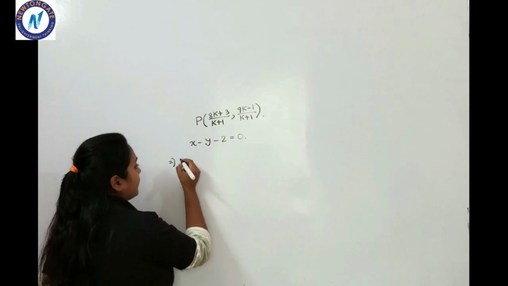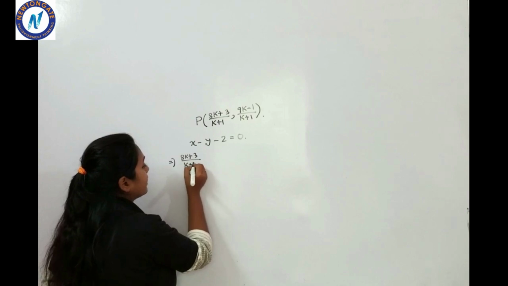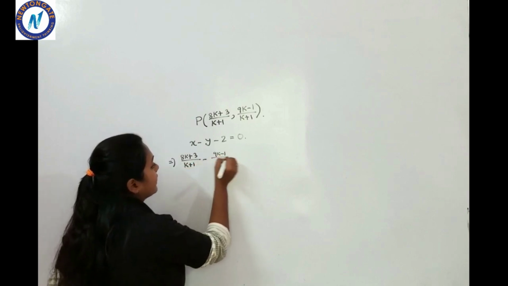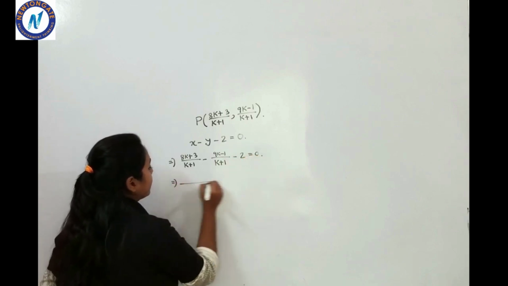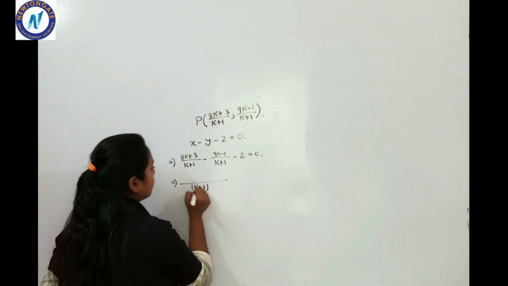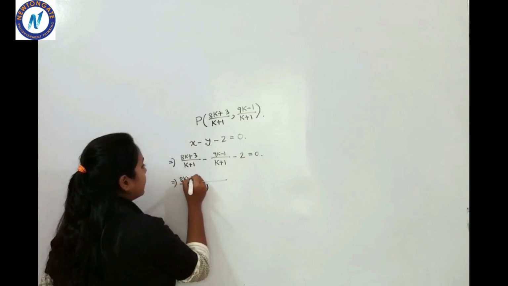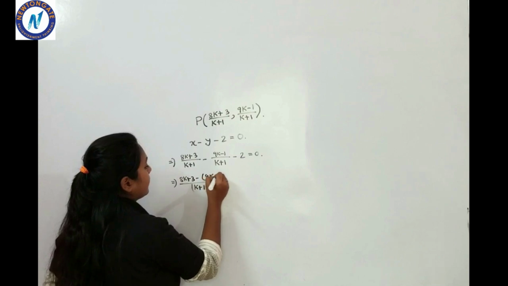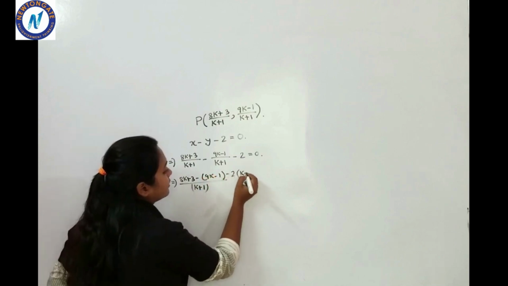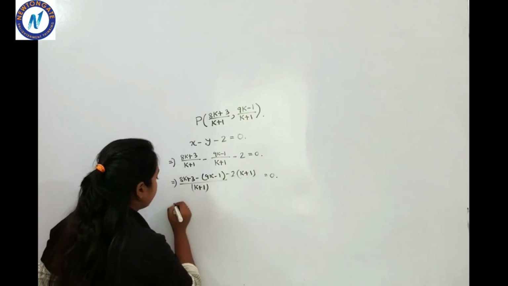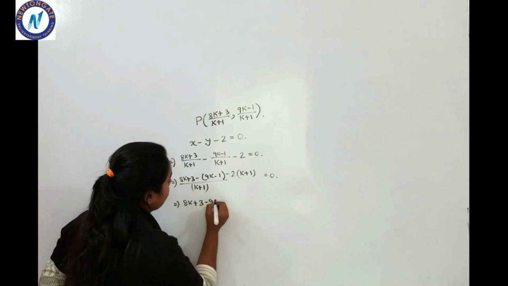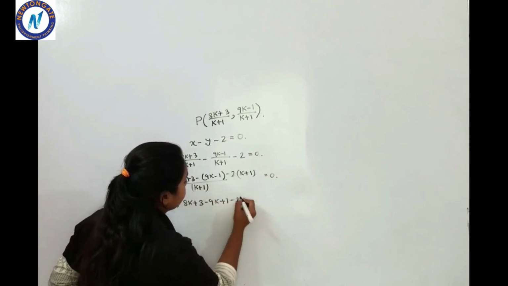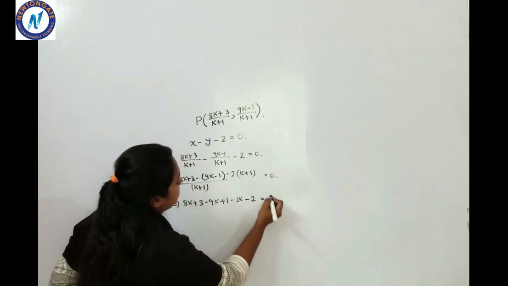Here you see that the coordinate of P equals (8k plus 3) by (k plus 1), comma, (9k minus 1) by (k plus 1), and this point P lies on the line x minus y minus 2 equals 0. Then the equation becomes (8k plus 3) by (k plus 1) minus (9k minus 1) by (k plus 1) minus 2 equals 0. Then we get (8k plus 3 minus 9k minus 1 minus 2) into (k plus 1) equals 0. Then we get 8k plus 3 minus 9k plus 1 minus 2k minus 2 equals 0.